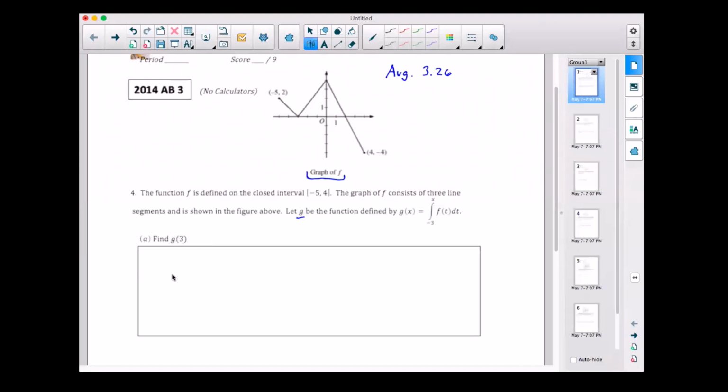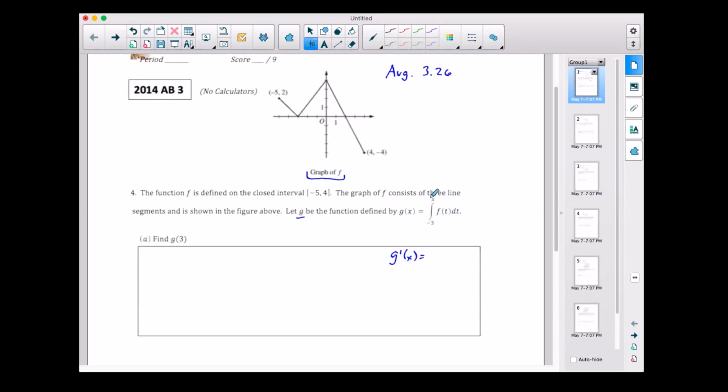So the first part, on part a, it says find g of 3. Well, notice g is defined by this integral here. My recommendation is, anytime you see a function defined by an integral, the first thing I would do is use the second fundamental theorem of calculus and differentiate both sides. g is the integral from -3 to x of f of t dt, then that means that g prime of x, if I differentiate the left-hand side, is going to be equal to the derivative of this integral.